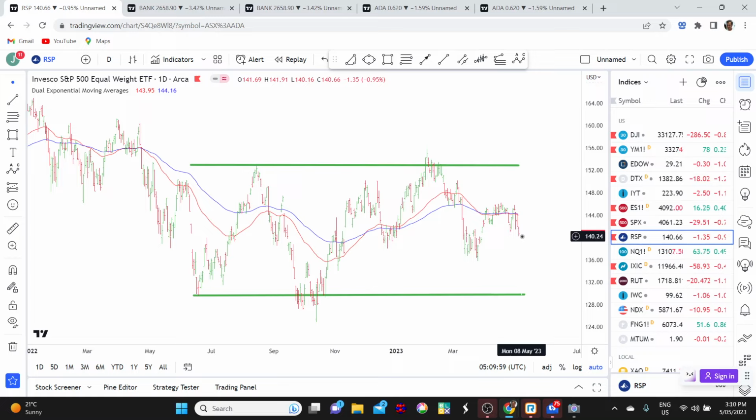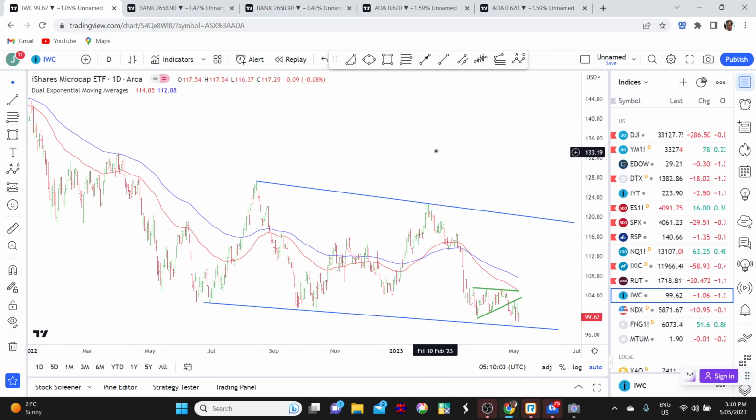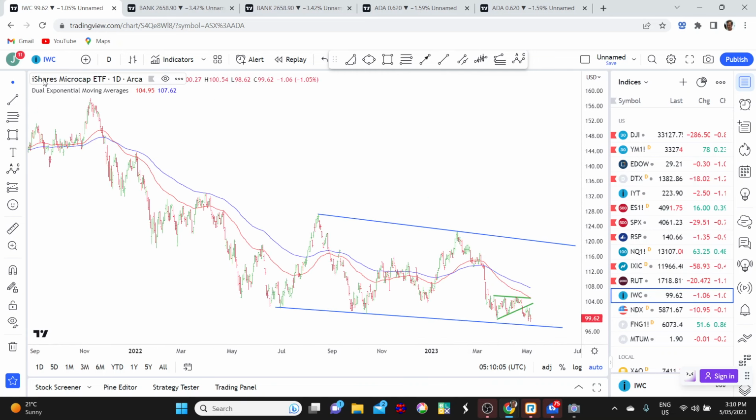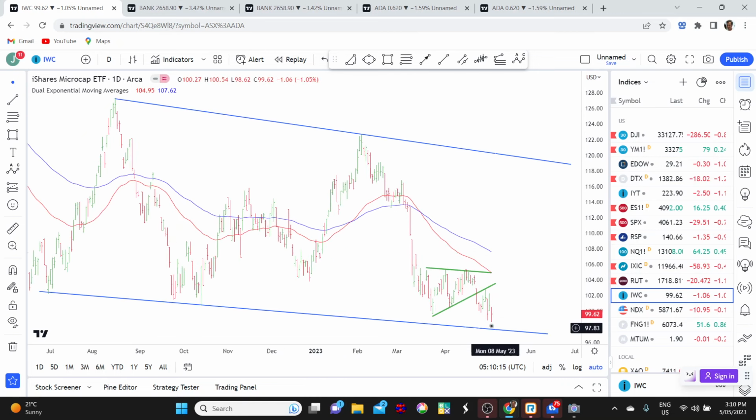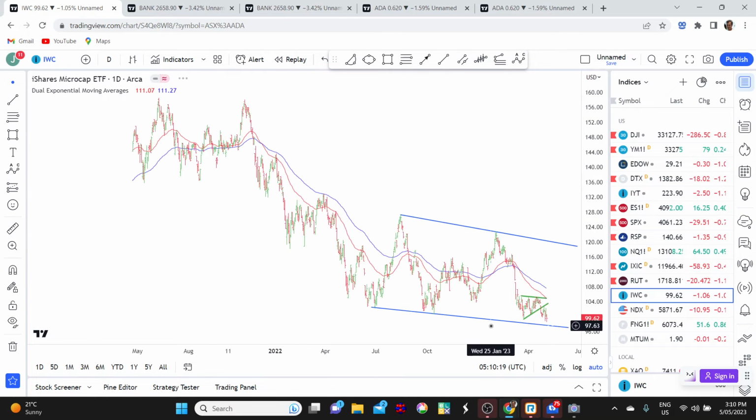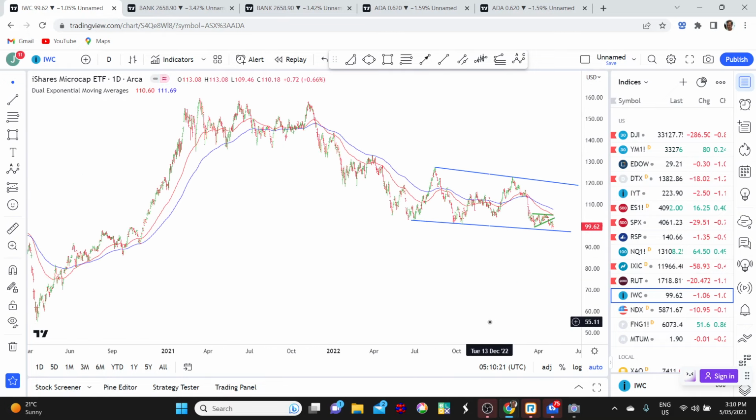Another thing I'm keeping a close eye on are the small caps, and in this situation, I want to focus in on the iShares micro cap ETF. It correlates quite closely to the Russell 2000. But what we have going on in the small caps, which is noteworthy this week, is that they've made a new 2.5-year low, which is quite interesting considering where the NASDAQ 100 and the S&P 500 are.